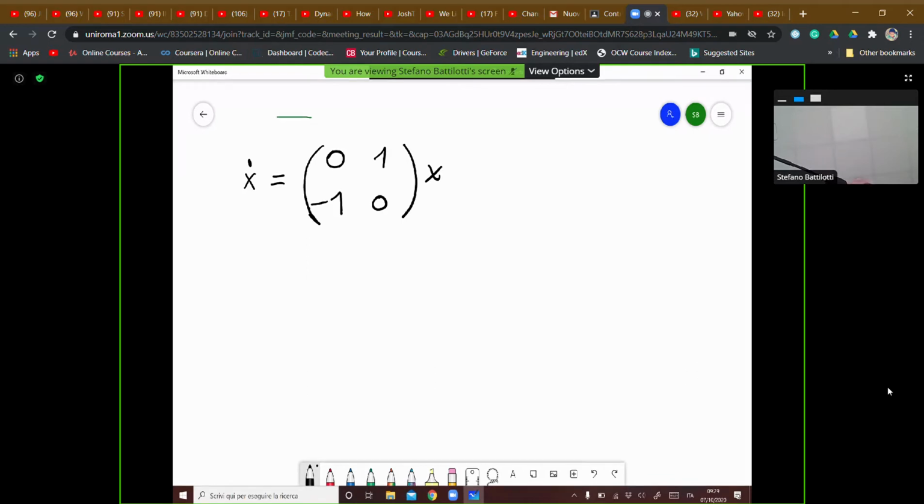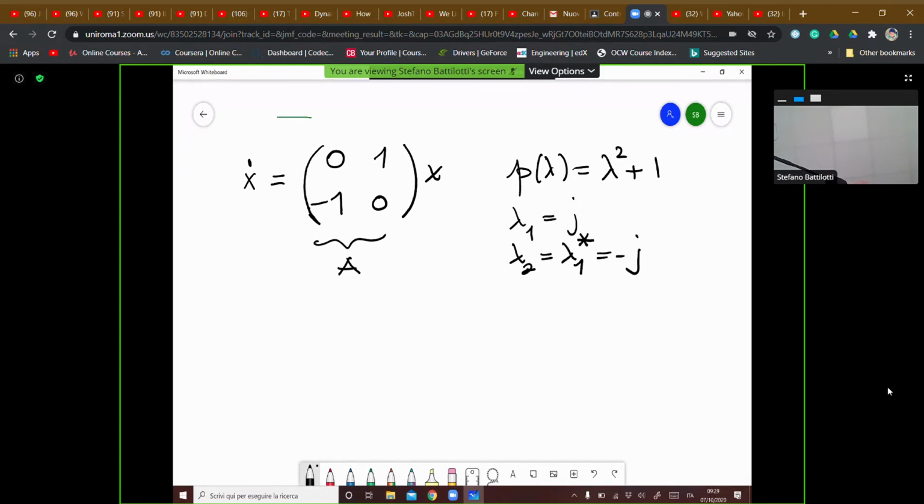Okay, so this is the matrix A. The characteristic polynomial is this. So you see that we have two complex conjugate eigenvalues. Okay, in particular, lambda 1 equal to j, and lambda 2, which is equal to lambda 1 conjugate, equal to minus j.